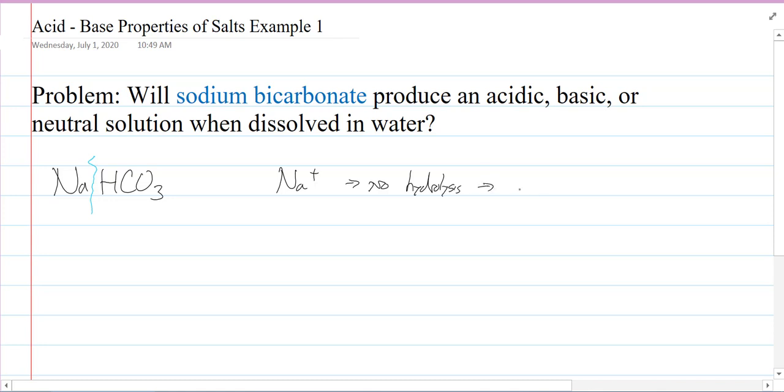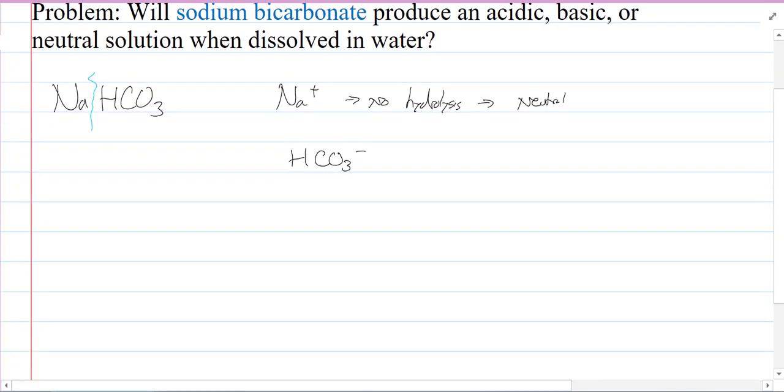So, neutral. Bicarbonate, HCO3-. Well, what does bicarbonate do? Can it donate a proton? Yes. Can it gain a proton? Yes. What happens? Ooh, wow. So let's do both.